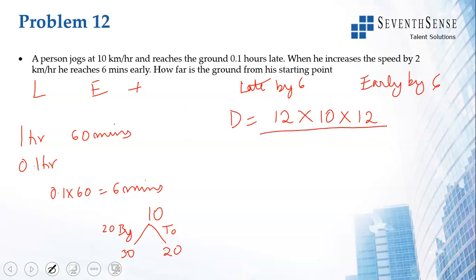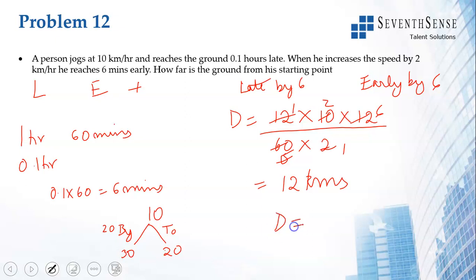So this 12 minutes we write as 12 by 60 into s1 s2, and the difference is 2, that is 12 minus 10. So we cancel: 12 1, 12 5, 5 1, 5 2, 2 1. This is equal to 12 kilometers. Remember the delta t, which is in minutes, has to be converted into hours, so we divide by 60.